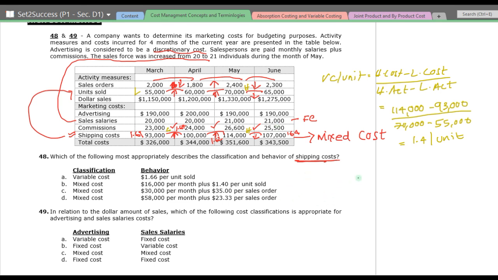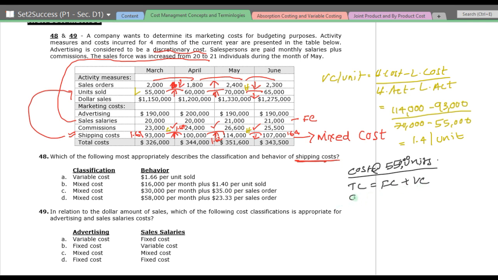Now let us find the fixed cost. The cost at 55,000 units: when we are selling 55,000 units, the total cost is 93,000. So total cost is equal to fixed cost plus variable cost per unit times units.